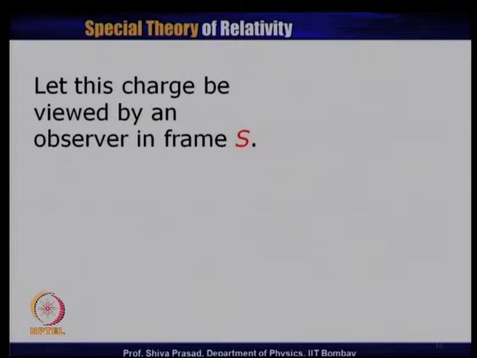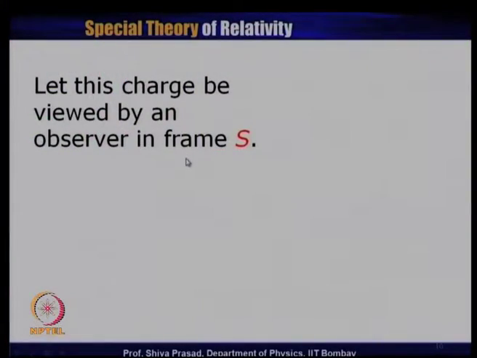Now, let us assume that there is another observer S in another inertial frame S, and this is viewing this particular charge. Let this charge be viewed by another observer in frame S, and let me assume that S and S prime obey exactly the same conditions which we have been using right from the beginning from Lorentz transformation.